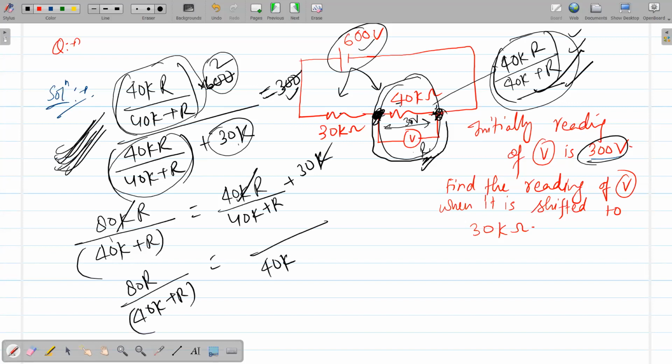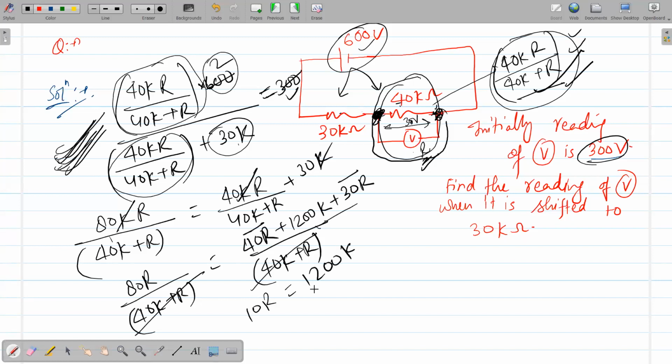The LCM will be 40k plus R, and in the numerator, 40R plus 30 multiplied by 40 gives 1200k plus 30R. Now this can be cancelled. 40R plus 30R makes 70R, and 70R goes to the left side, so 80R minus 70R makes 10R equals 1200k. So R comes out as 120 kilo ohm.